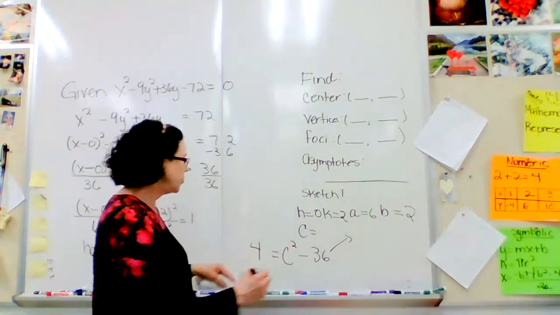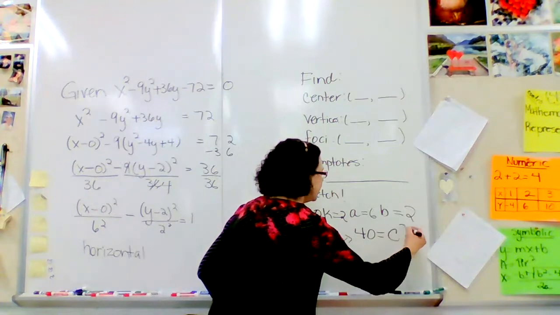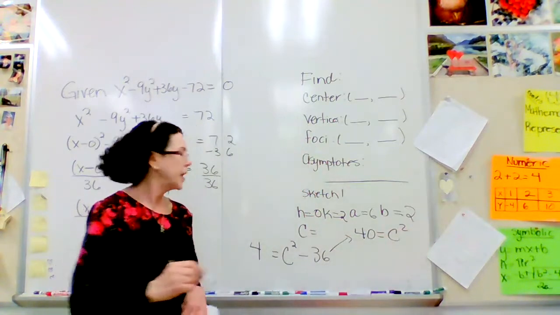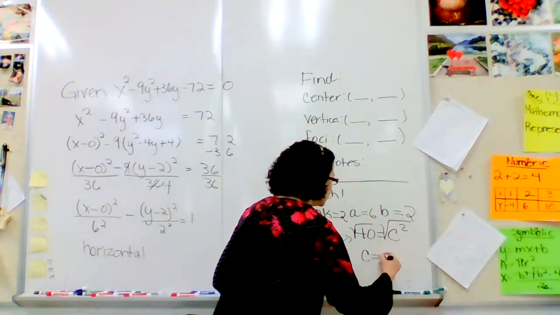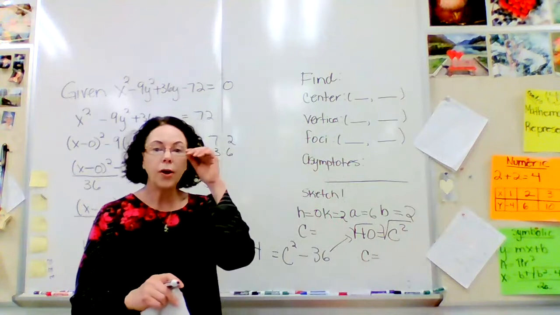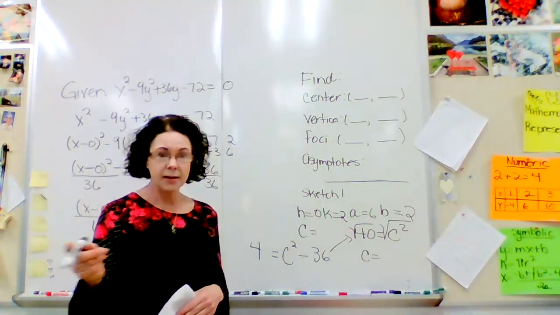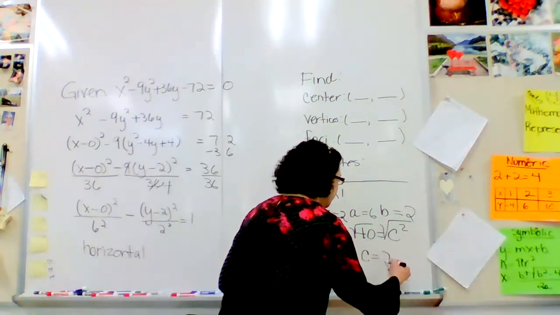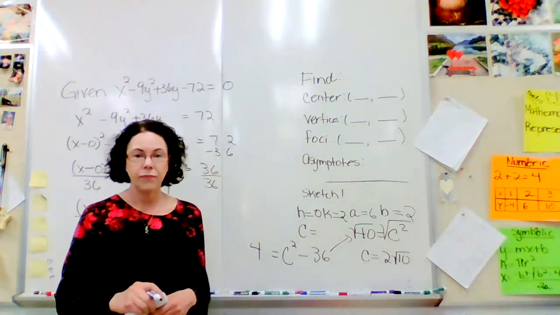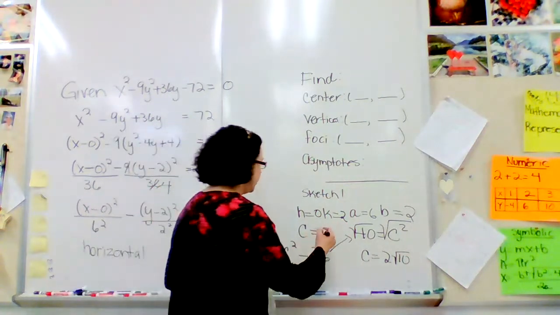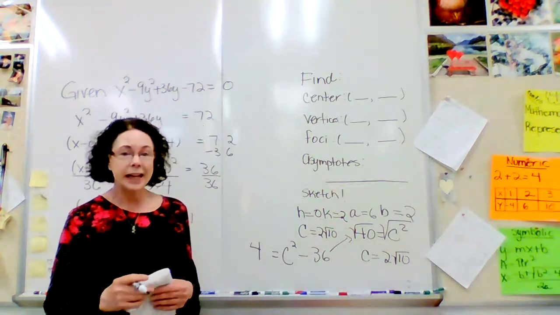I'm going to add a 36 to both sides, and I get 40 equals c squared. When I take the square root, I get c equals the square root of 40. If I reduce it, it is 4 times 10, which would be the square root of 4 is 2 times the square root of 10. So I am going to write that value here. And now I have all the variables I need.